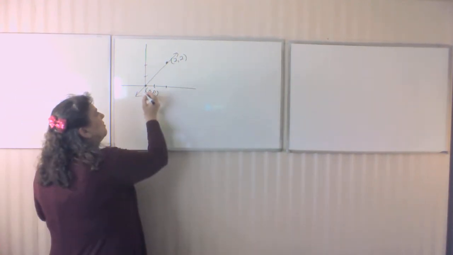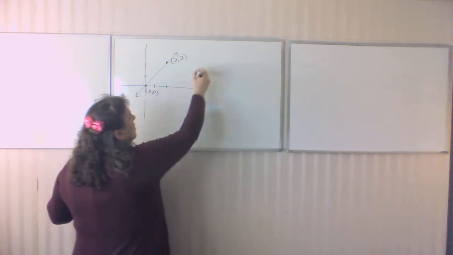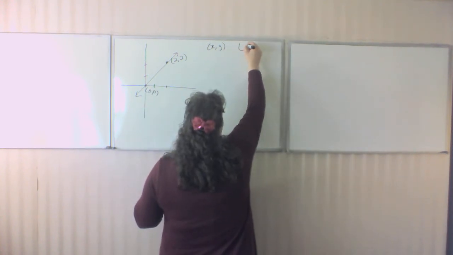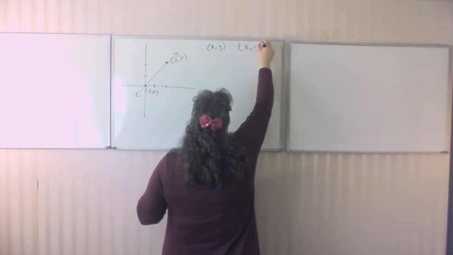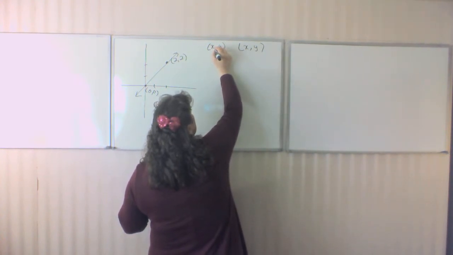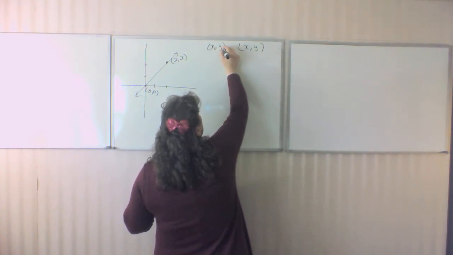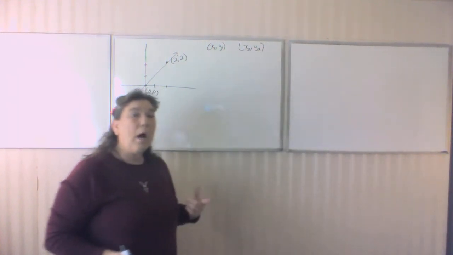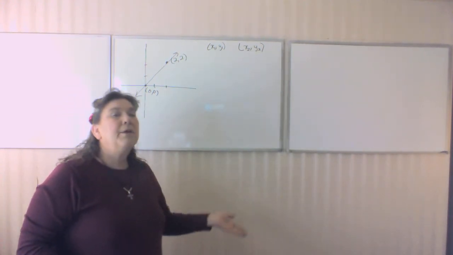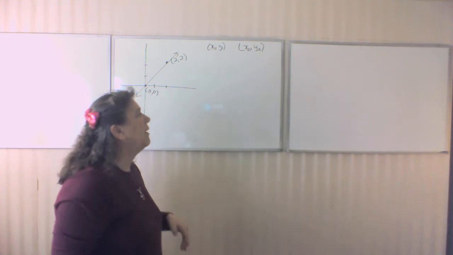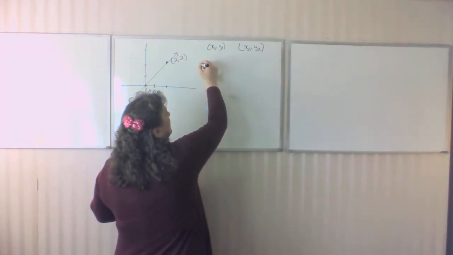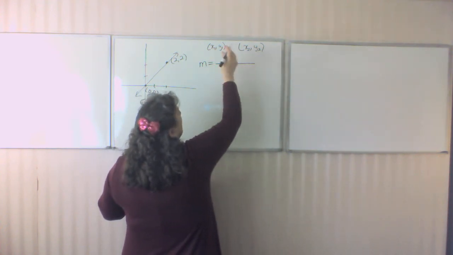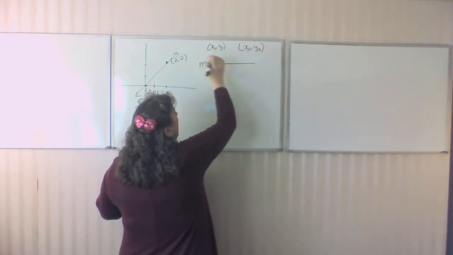So this ordered pair down here, whatever it is, we can call one ordered pair X, Y, and the second ordered pair is also X, Y. But to determine one from the other, since this is my first ordered pair, I'm going to call it X sub 1, Y sub 1, and X sub 2, Y sub 2, because the 1 indicates it's in the first ordered pair, the 2 indicates it's in the second ordered pair, and then the slope of my line is always indicated by the letter M. So the letter M is equal to, my vertical is first, so our Y's are first.